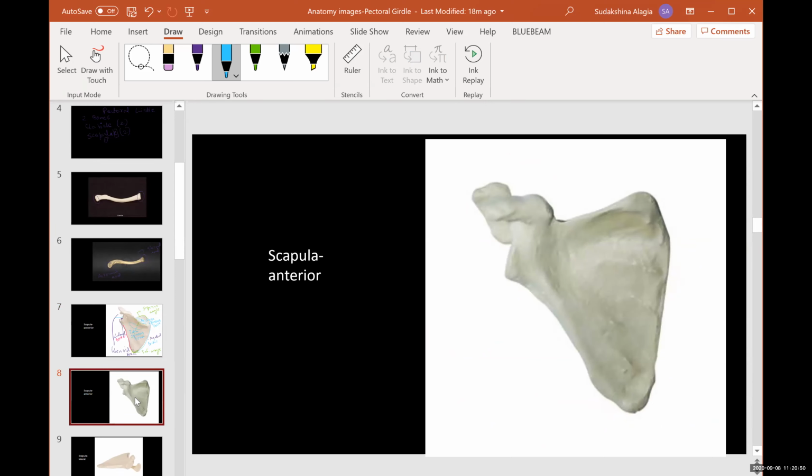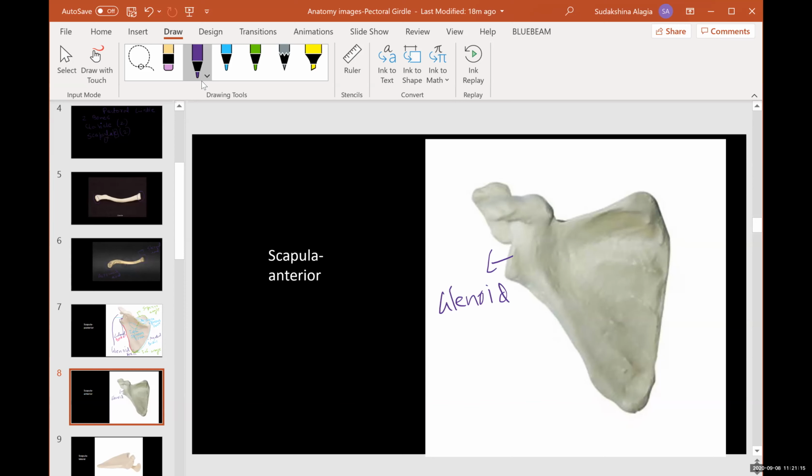Now, when we look at the anterior aspect, so basically we looked at the posterior aspect, now we are looking at the anterior aspect. Make sure that you identify most of the structures from both aspects. Again, the same thing. Here is the glenoid.